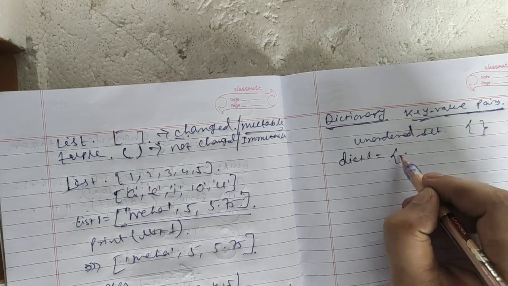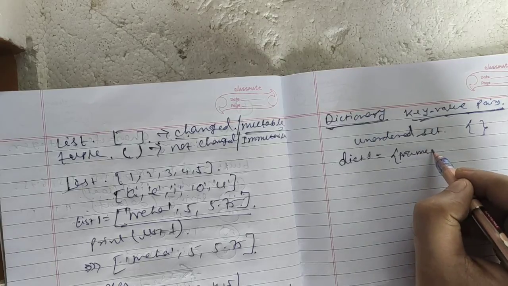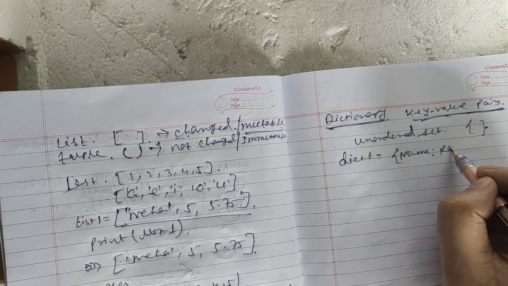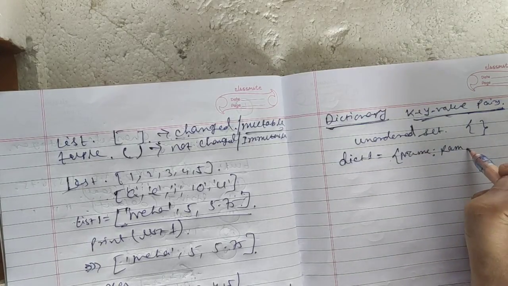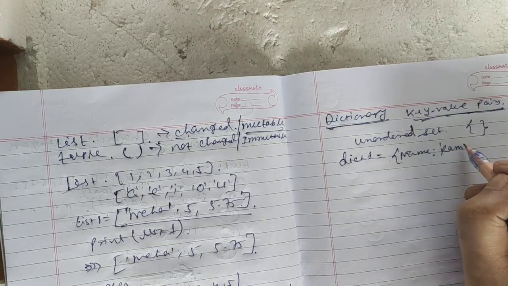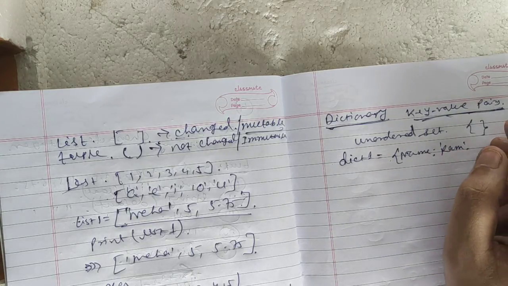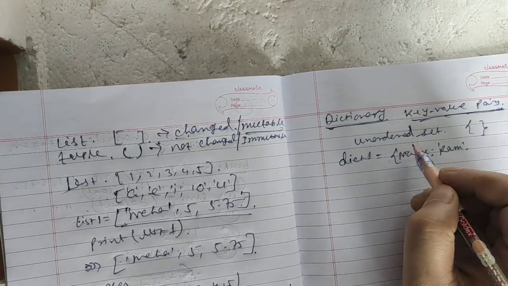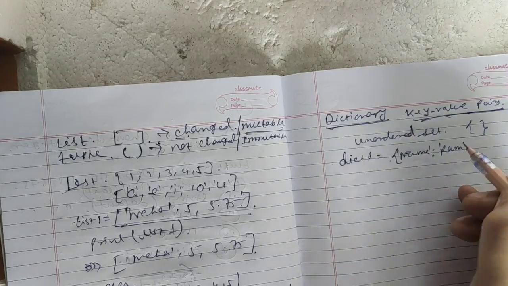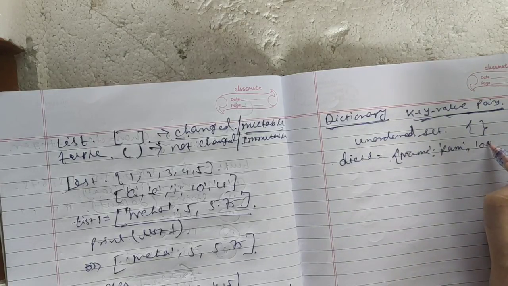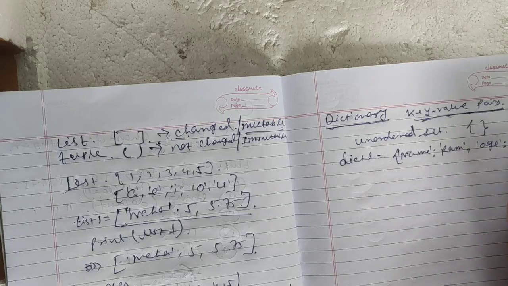Now you give the key, suppose name, and the value, suppose Ram. Next you give a comma. The name is also a string. Now suppose age, 26. Again you give one comma.